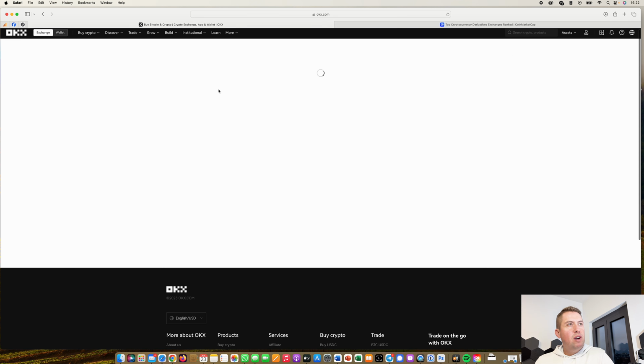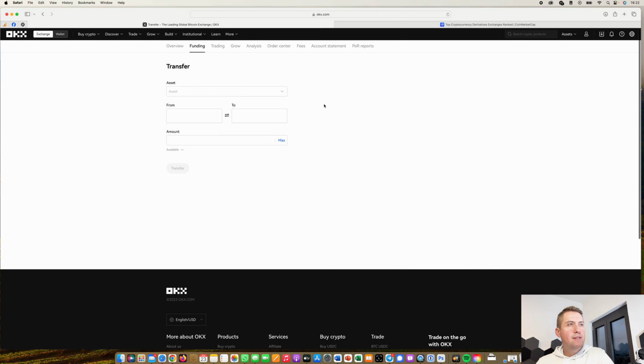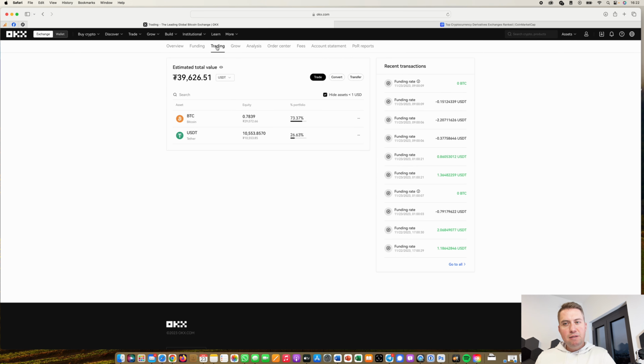When it comes to OKX, you have a funding and a trading wallet, and you can transfer money easily between these wallets. If you want to trade spot or futures, you need to move your money from the funding wallet to the trading wallet. It doesn't cost you anything, and it takes just a second to move funds there, without any fee. It's just a safety mechanism, because if you lose something while trading, you can only lose the money in your trading account and not the money in your funding account.